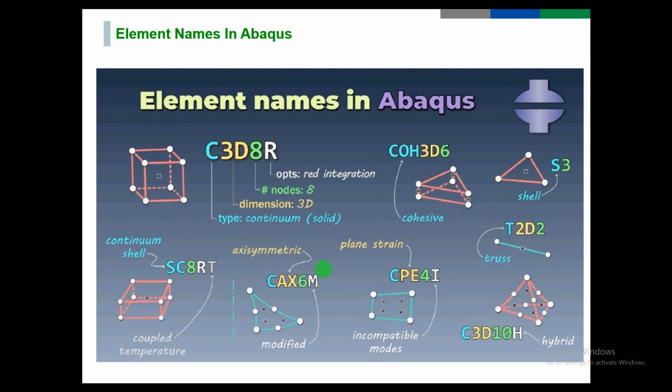And another one is 10, for quadratic tets, for example C3D10. And another one is 20, for quadratic hexa, and so on.